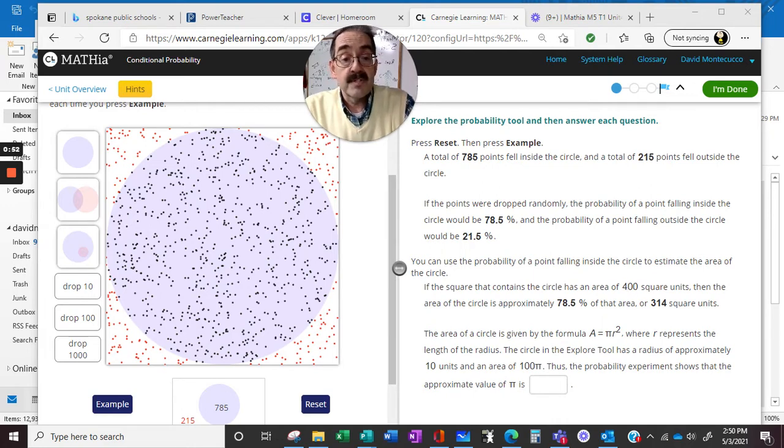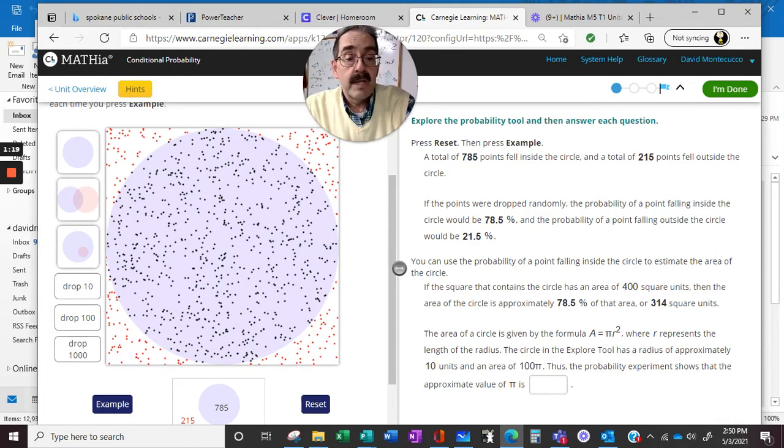Now it talks about the idea that the circle has an area of 400 units. Then the area of the circle is 78% of the whole square. So I fill 78% of this square, right? If you take 78% of the 400, so 400 times 0.785, you get 314 square units. The area of a circle is given by the formula A equals pi r squared, where r represents the length of the radius.